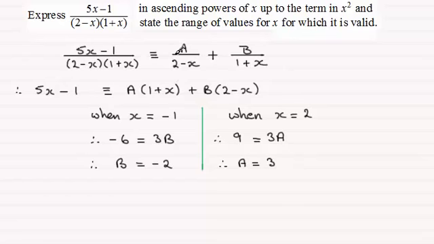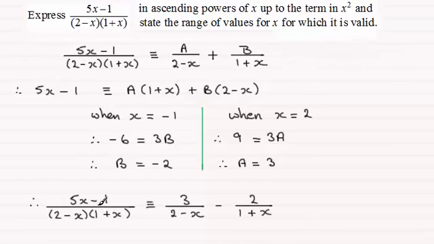So we can then substitute these values into here, and therefore we have got the fraction here expressed in terms of partial fractions. As I said, if you're unsure of this step here, do go back and have a look at my tutorials on partial fractions.